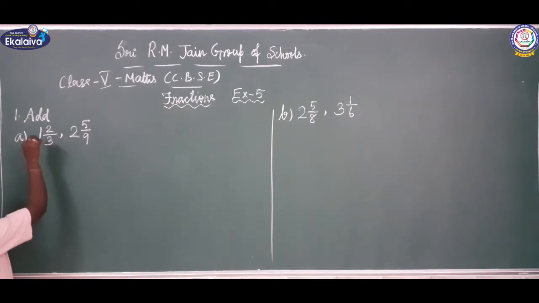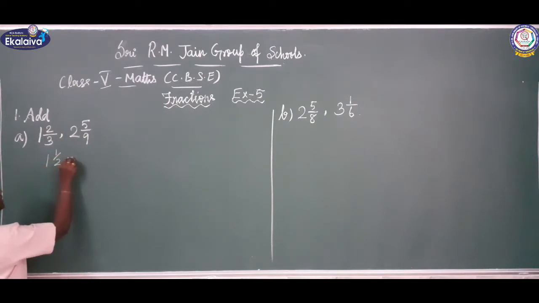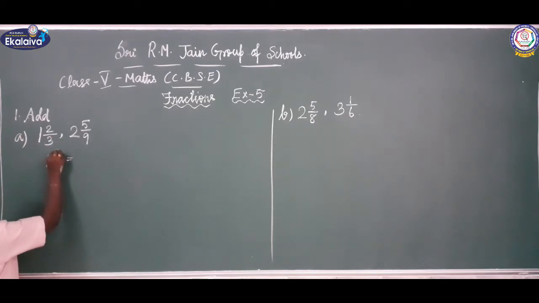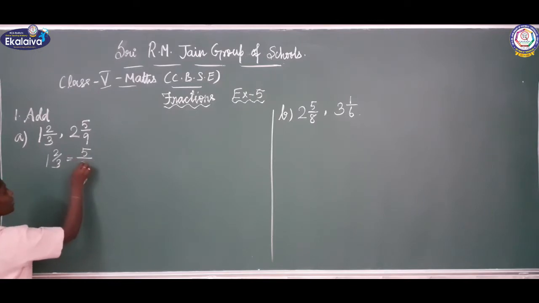For that we have to multiply the denominator and the whole number part, and then we have to add the numerator. Then 1 2 by 3 is equal to, here we have to multiply the denominator and the whole number part. 3 into 1 is 3, plus 2 is 5, the same denominator number 3.